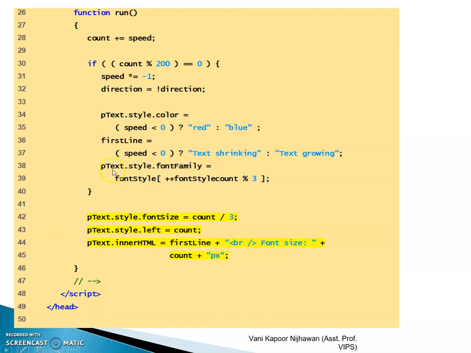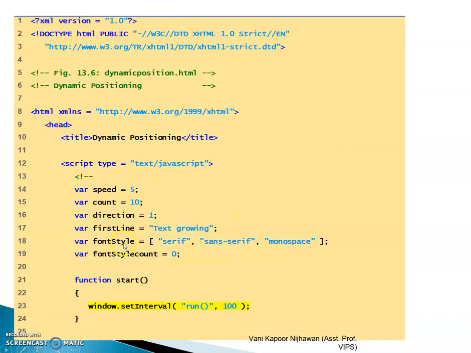Then one more thing, ptext.style.font family. We are fixing the font as font style by passing the value of font style count, incrementing the value of font style count, and then taking modulo 3. Why we are taking modulo 3? Because font style was an array which is having only 3 values.